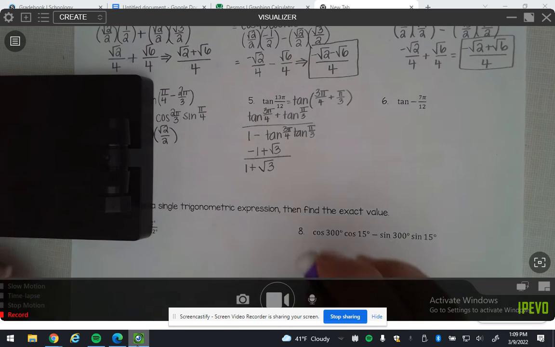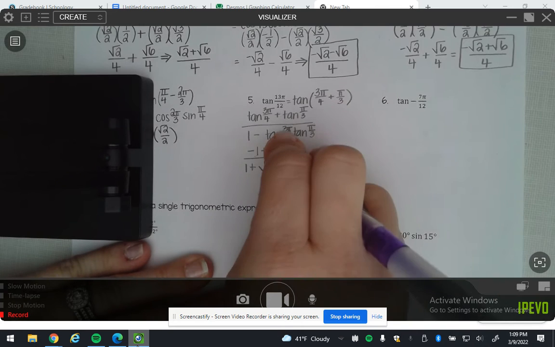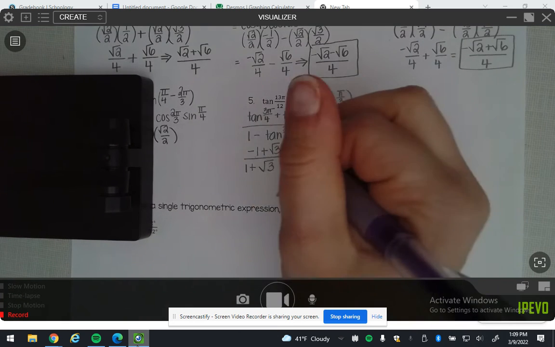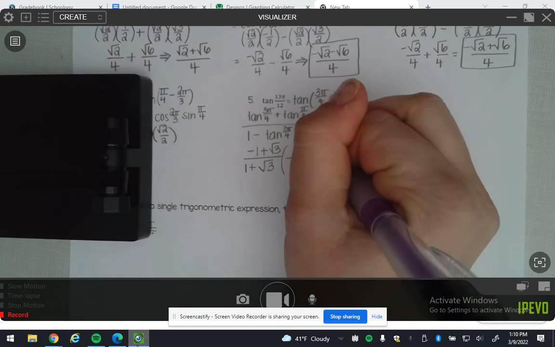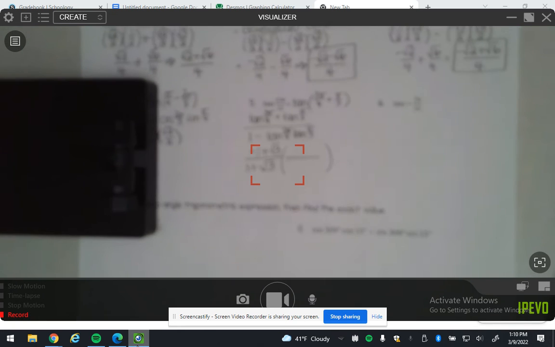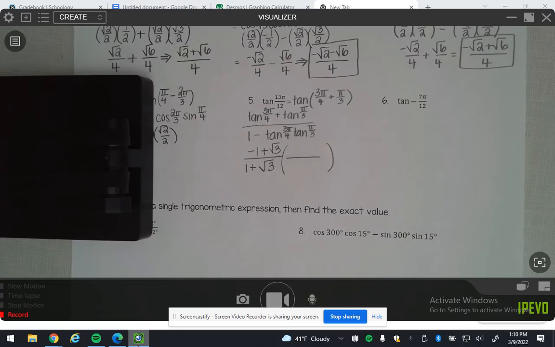Yes? Can I leave my answer like this? No, because what's in the denominator? Radical. So you have to multiply by the conjugate. So that means you look at your denominator. My denominator says 1 plus radical 3. My conjugate switches what?